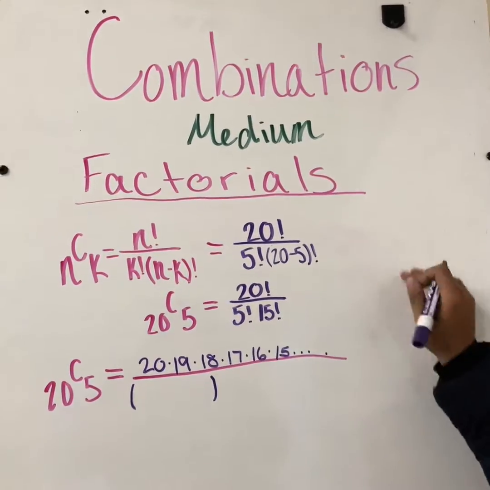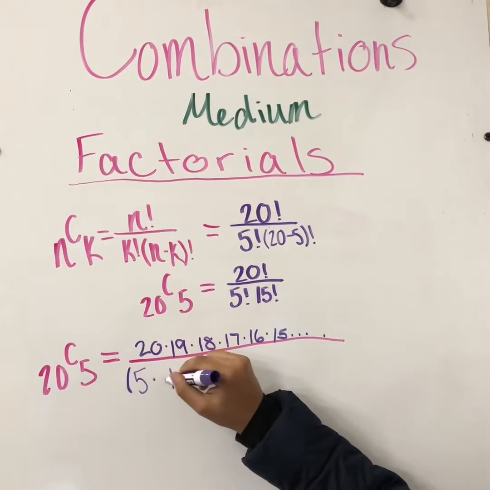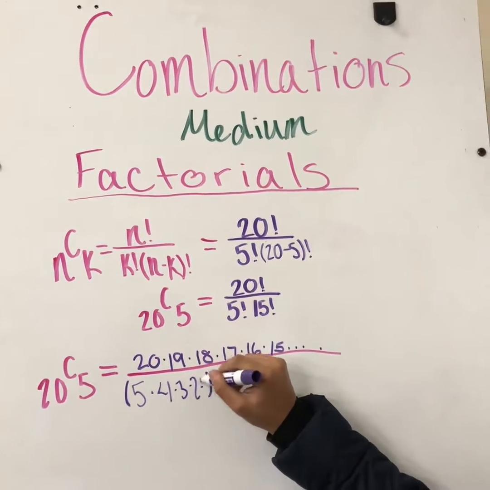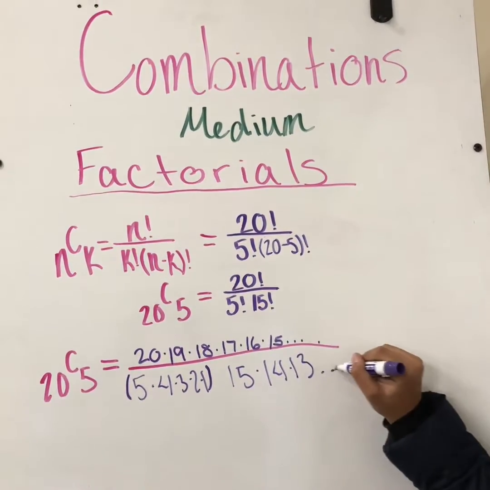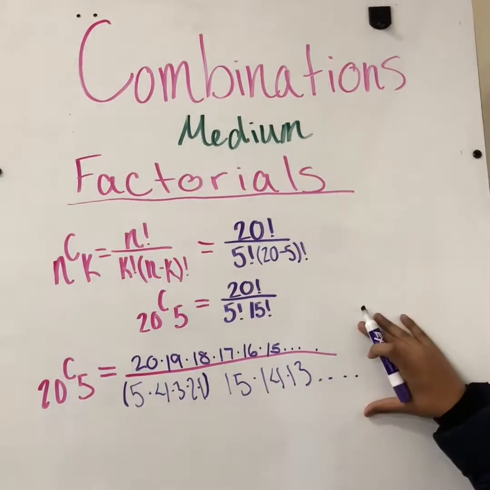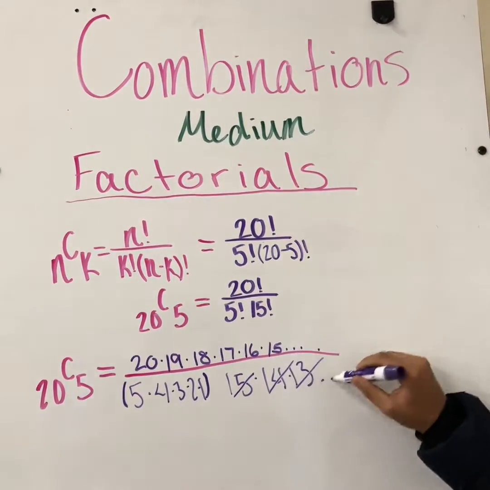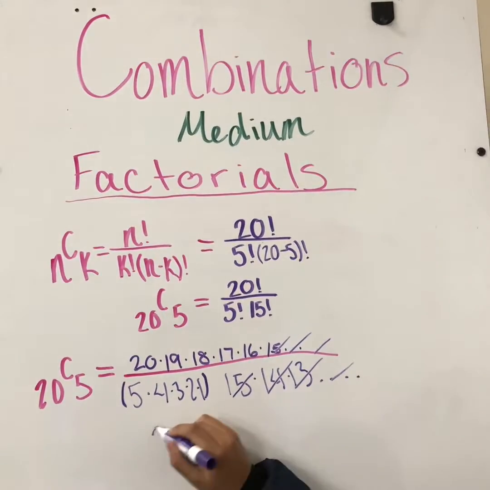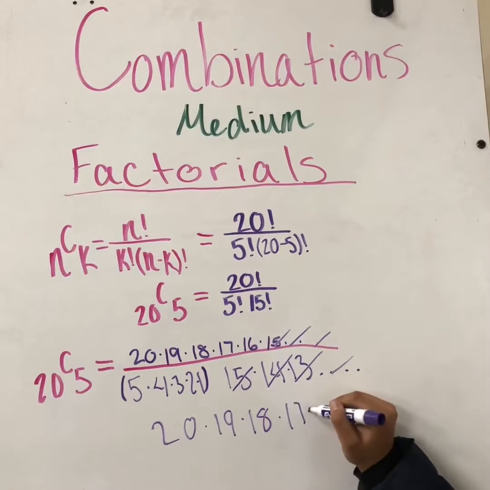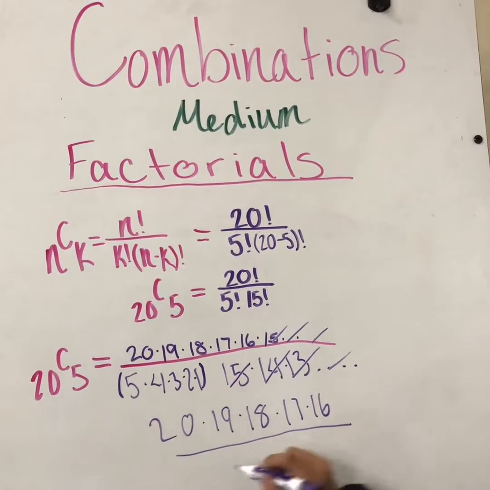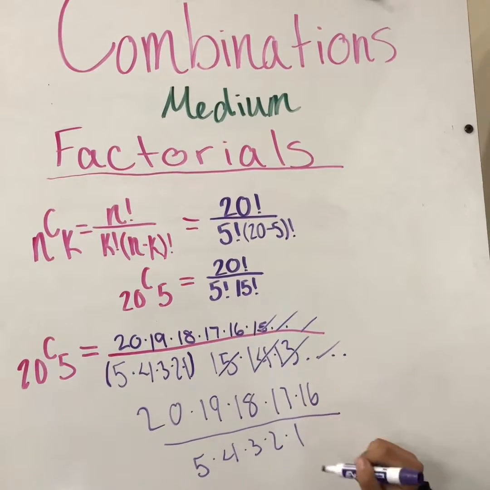So now we have the factorials, so we're going to write them out. You have 5 times 4 times 3 times 2 times 1, and 15 times 14 times 13, and continue on. But to lessen the difficulty of the problem, you can cancel out the bigger factorial and get 20 times 19 times 18 times 17 times 16 over 5 times 4 times 3 times 2 times 1.